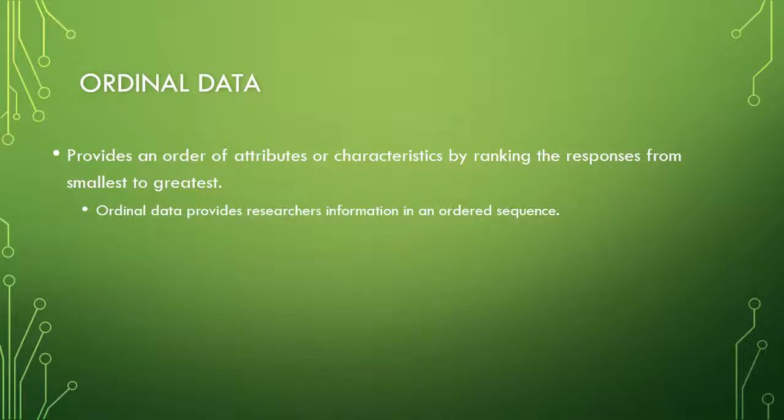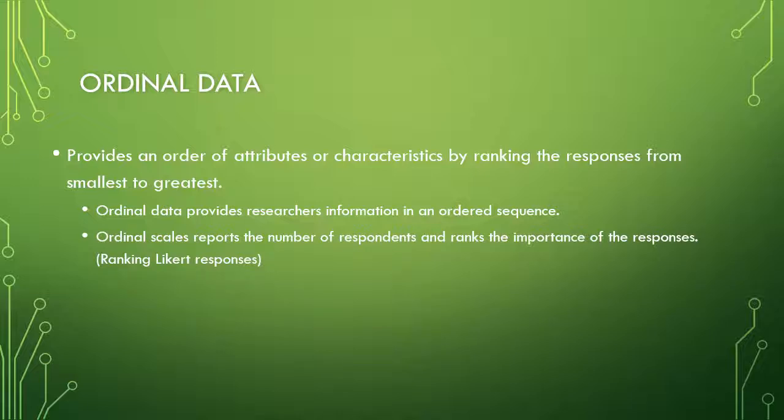Ordinal data gives us information in an ordered sequence, and it's very easy for us to see either people being very happy or very frustrated or unhappy with a question or a situation. Now, ordinal scales report the number of respondents and rank the importance of the responses.